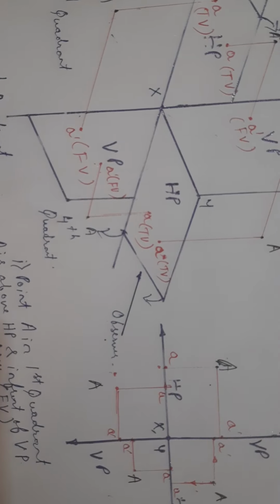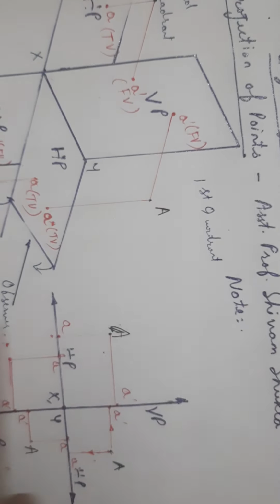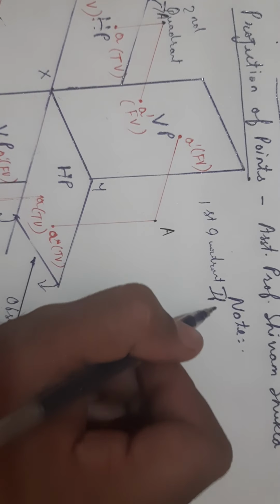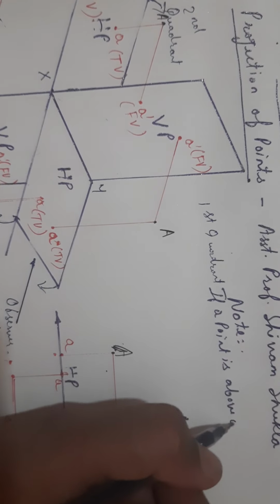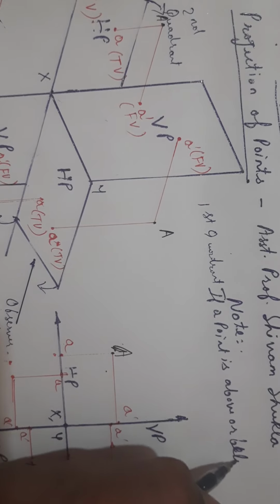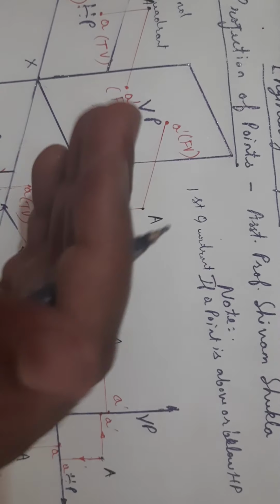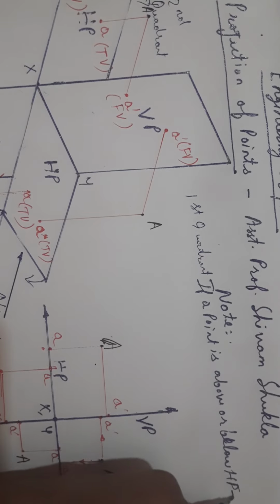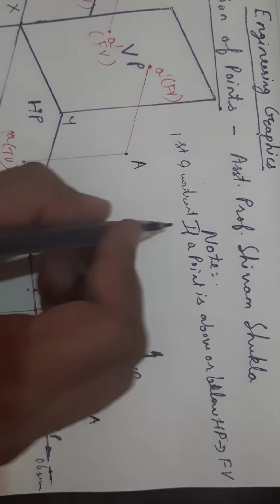Friends, if you see the entire diagram, just a note I would like you all to write down. Note: if a point is above or below HP, it is related to HP, and that particular location will be with respect to its front view, the location of the front view to be specific.